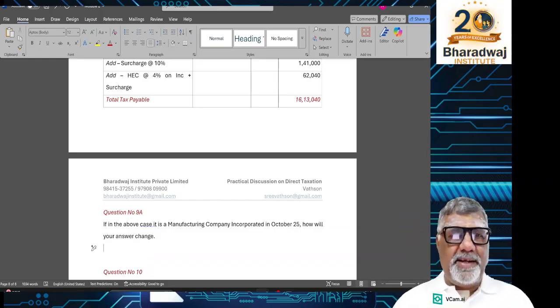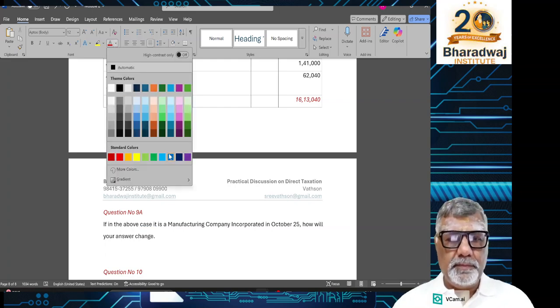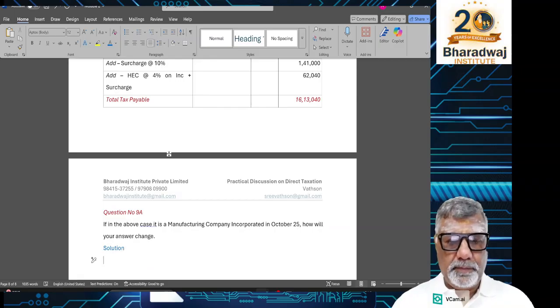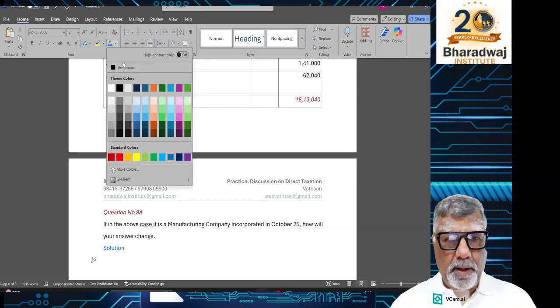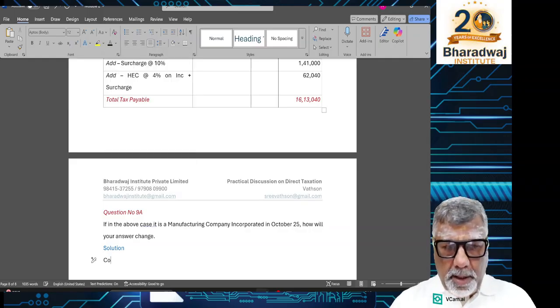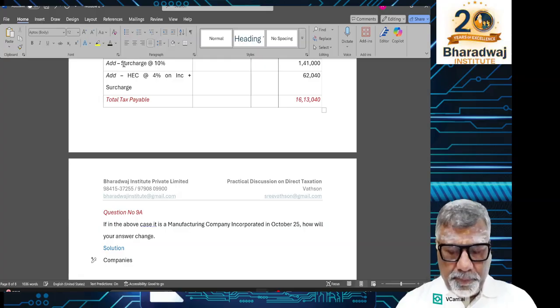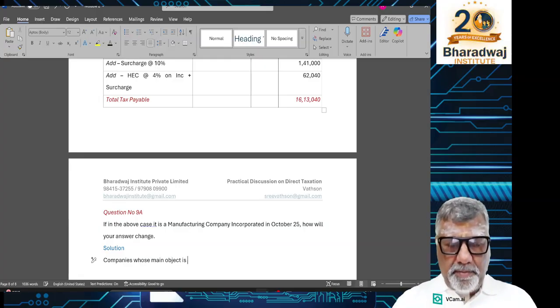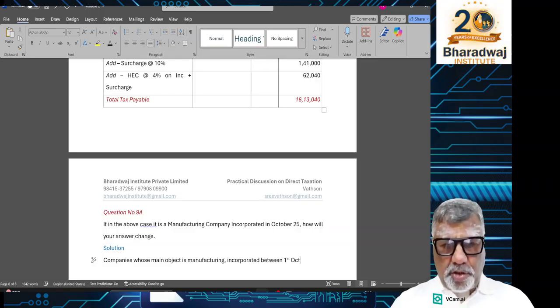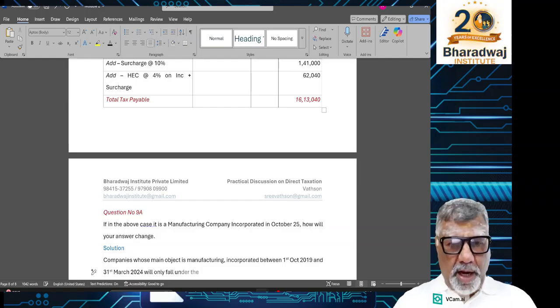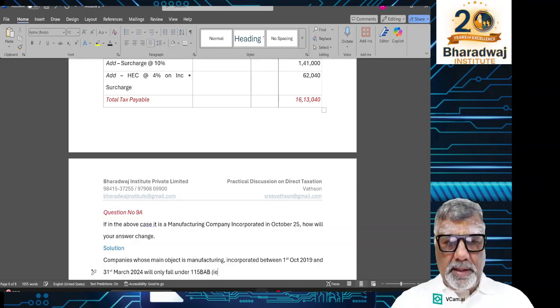Okay, first I will write it theoretically. Companies whose main object is manufacturing, incorporated between 1st October 2019 and 31st March 2024, will only fall under 115BAB, that is manufacturing income taxable at 15%.